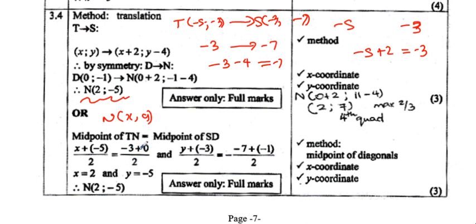You solve for x by cross multiplying and doing the normal basic maths, and you'll get 2. And then y plus minus 3 divided by 2 is equal to minus 7 plus minus 1 divided by 2. You'll get minus 5. Answers only get 4 marks. I don't know how you can get your answer in one go, but please go over these 2 examples.